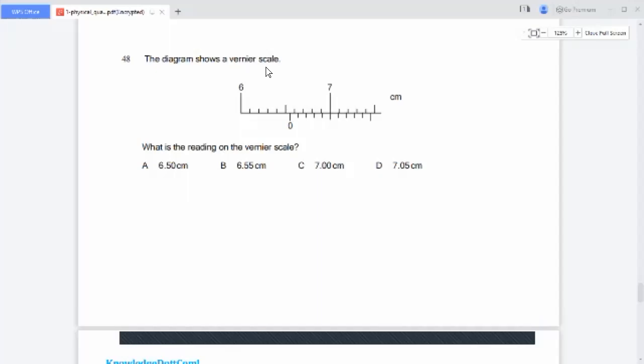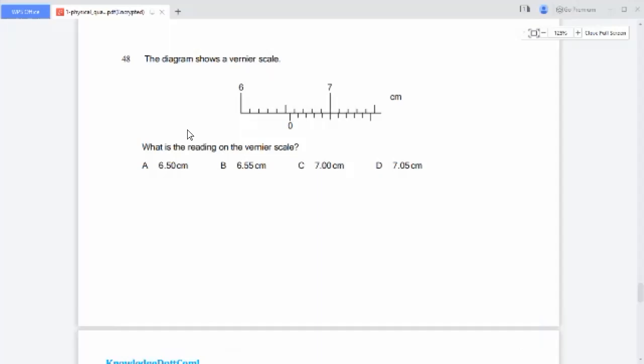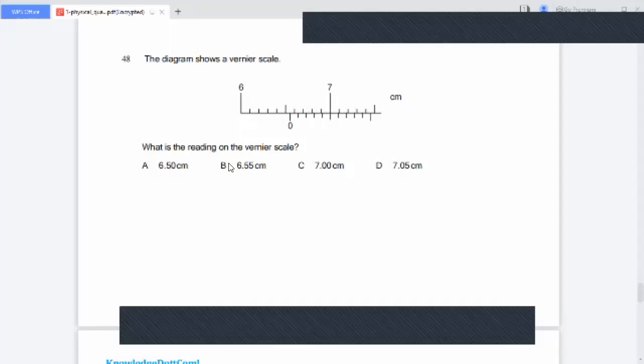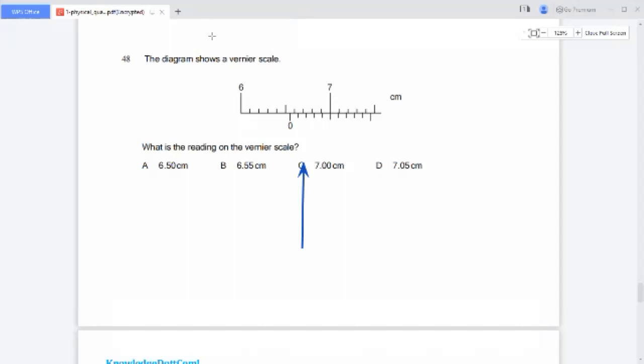Question number 48. The diagram shows a Vernier scale. What is the reading on the Vernier scale? See, this is the zero of the Vernier scale, and suppose it is 6.1, this one would be 6.2, 6.3, 6.4, 6.5 and 6.6.